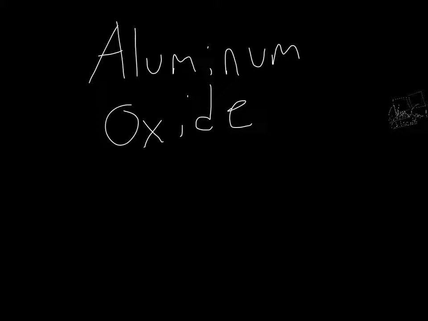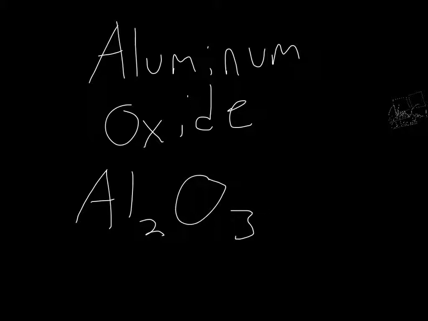Okay, contestant number 1, what is the answer? AlO. Contestant number 2, what is your answer? Al2O3. Okay, the correct answer is indeed Al2O3. Oh, darn. Nice try, contestant number 1.